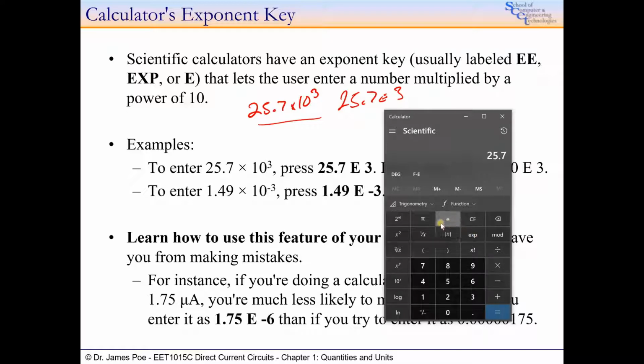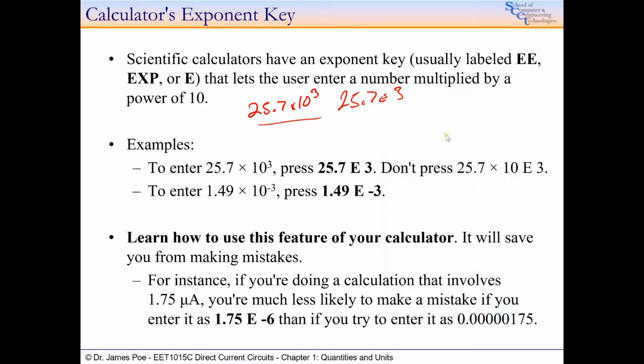Just don't confuse it with the natural logarithm E, not this E. It'll just say EXP, EE, or sometimes it'll also say 10^x, I think sometimes. So anyway, we hit it, and then we hit 3. That's it. We're done. And so now if I wanted to do that number times 2, I could just do multiplied by 2. That's all there is to it, but you really want to learn this because we're going to be using it a lot for the next, like I said, multiple years.